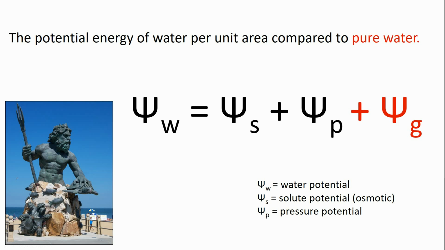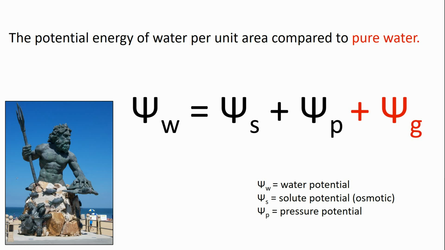There is no gravity on the cell. So I'm going to say that again because this is very important. When you're looking at the cellular level of water potential, when we're starting off at the roots, and we're looking at how the water moves from one cell to another cell to another cell, gravity potential is negated. It's left out. It's ignored because there is no gravity affecting it at a cellular level.